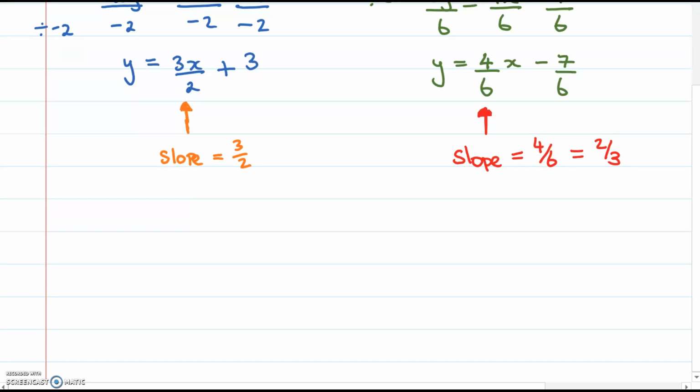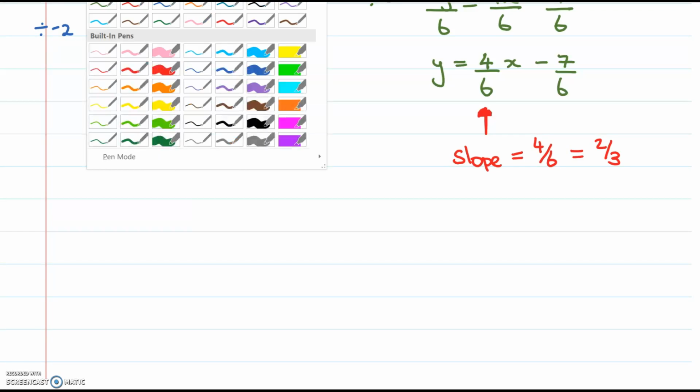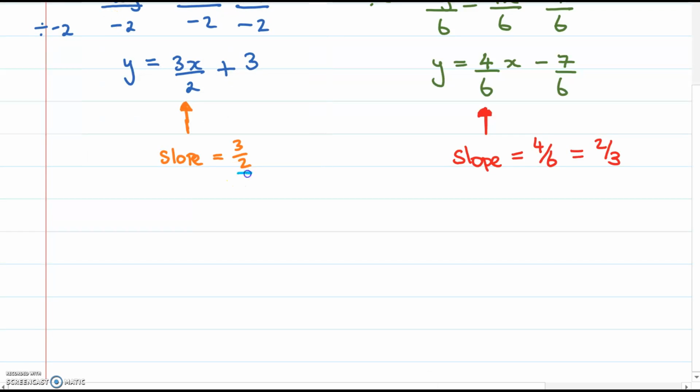Now these slopes kind of look similar to one another, but they're not identical. So the slopes are not identical, which means the lines aren't parallel.